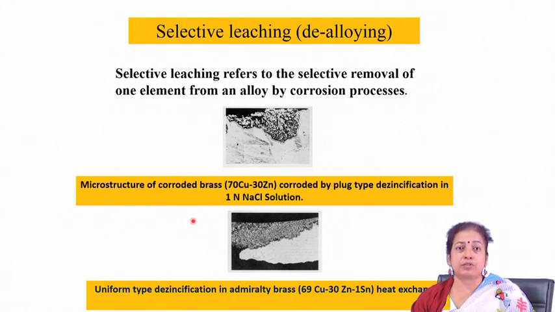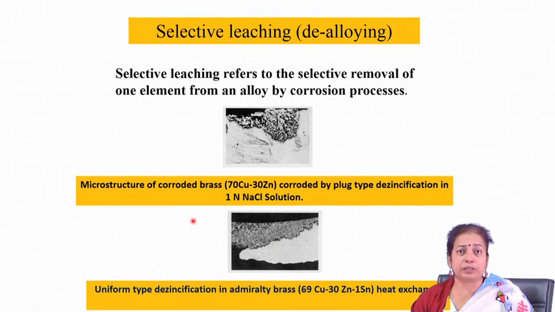If you find out the position of copper and zinc in the EMF series, you will find that zinc is more corrosive as compared to copper. As a result, when this alloy is subjected to the corrosive environment, the zinc leaches away, leaving the copper in the matrix.